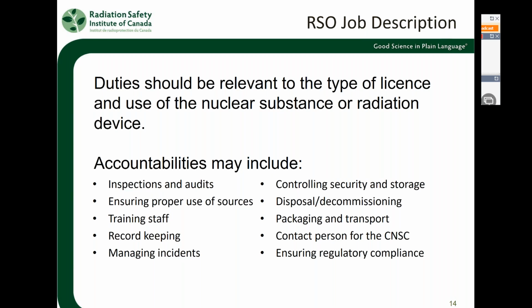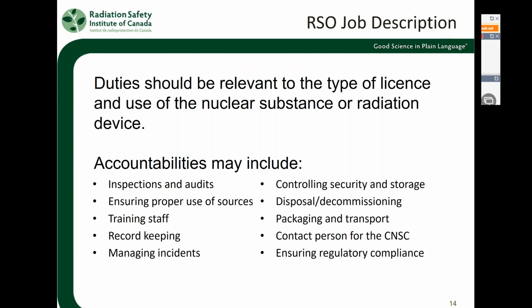So some key things that the RSO is doing are ensuring proper use of the sources, being responsible for training staff, controlling the security and storage of the sources, and acting as a contact person for the CNSC. This does not have to be every little job that the RSO does, but we want to capture the key and very important duties of the Radiation Safety Officer.